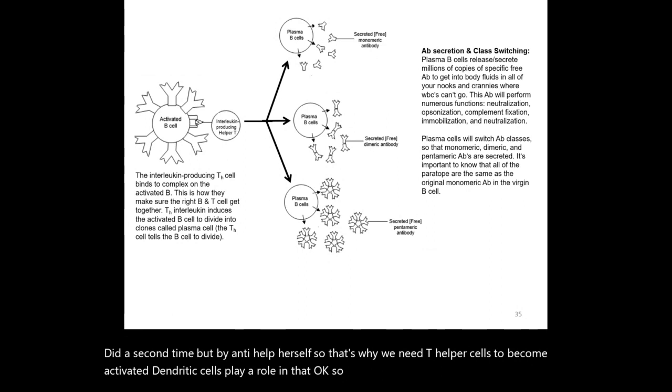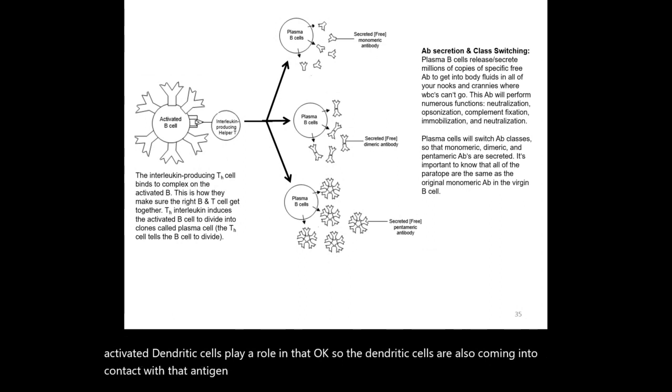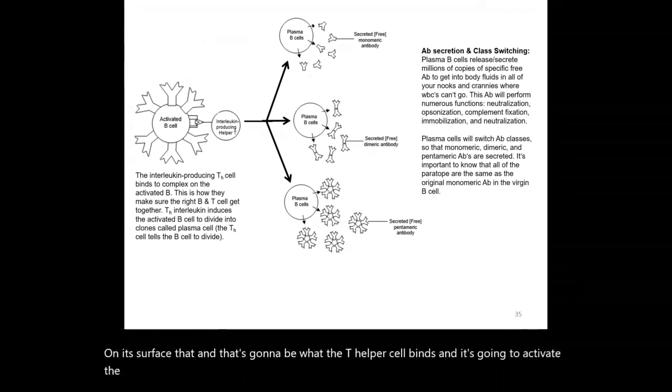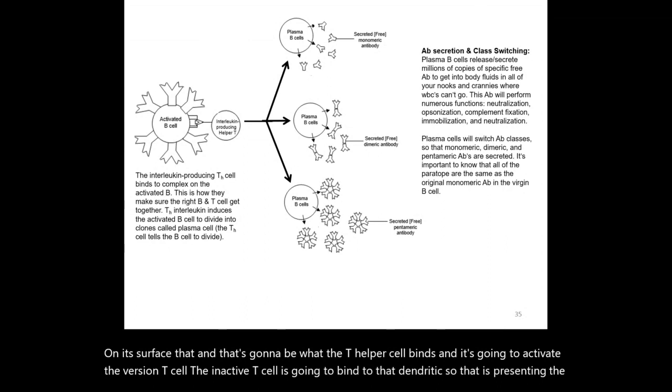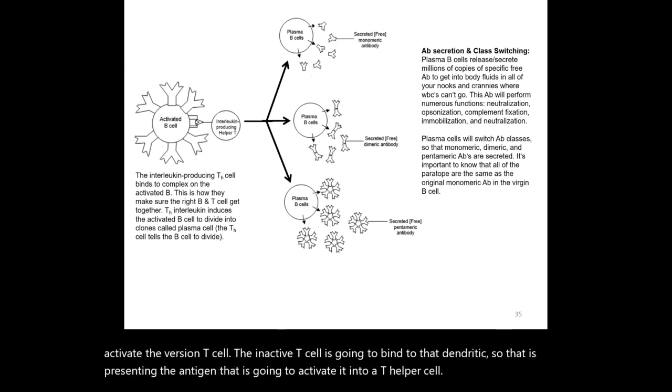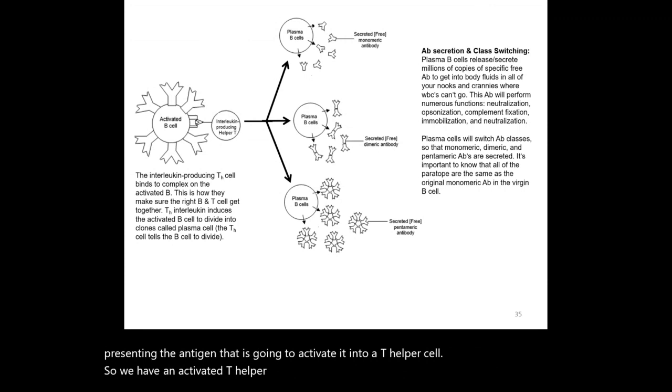The dendritic cells are also coming into contact with that antigen, phagocytosing it, presenting the antigen on its surface. The virgin, inactive T cell is going to bind to that dendritic cell that is presenting the antigen, and that is going to activate it into a T helper cell. So now we have an activated T helper cell and we have an activated B cell.